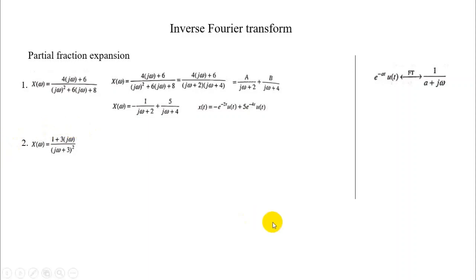If we think about another function like that, how could we solve this?